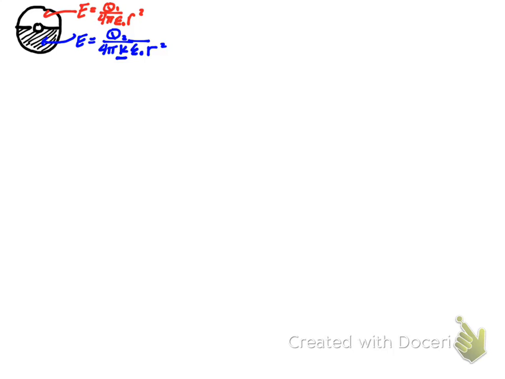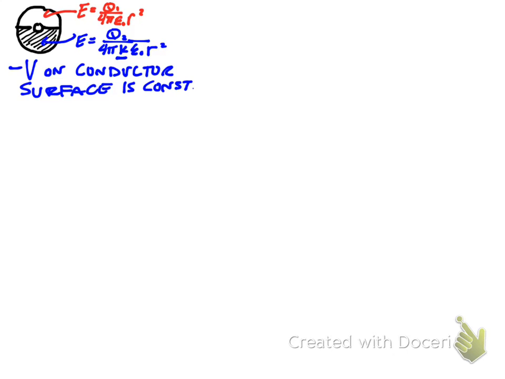Now, looking at it, the total voltage here has to be the same, and there's a rule because of that. Voltage on a conductor surface is constant. There's not going to be any change to that.